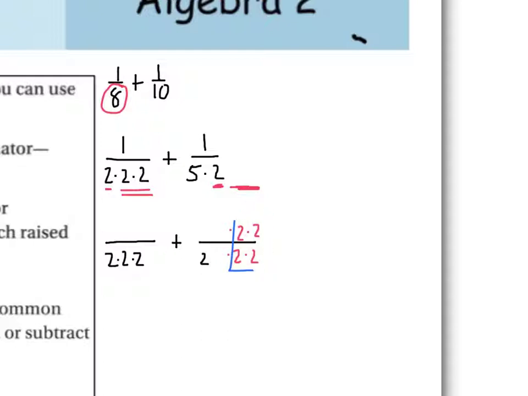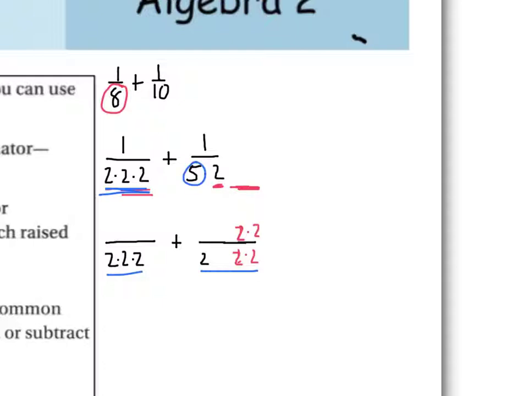So, I have this currently. I still need to worry about the 5, because I dealt with all 3 of these 2's, and now I have 3 2's here and 3 2's there, but I still need that 5.